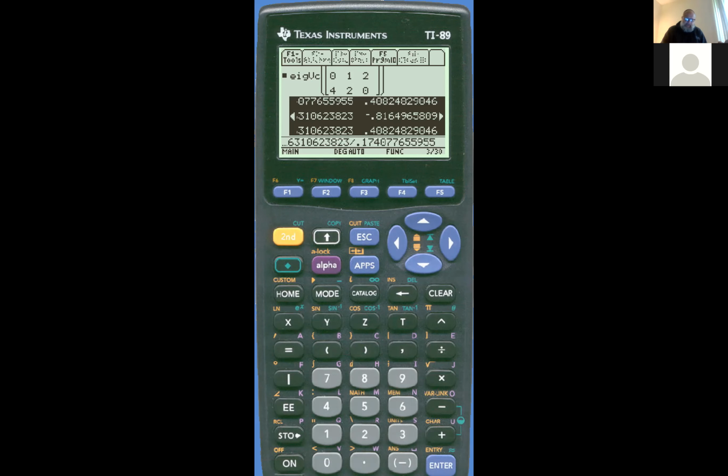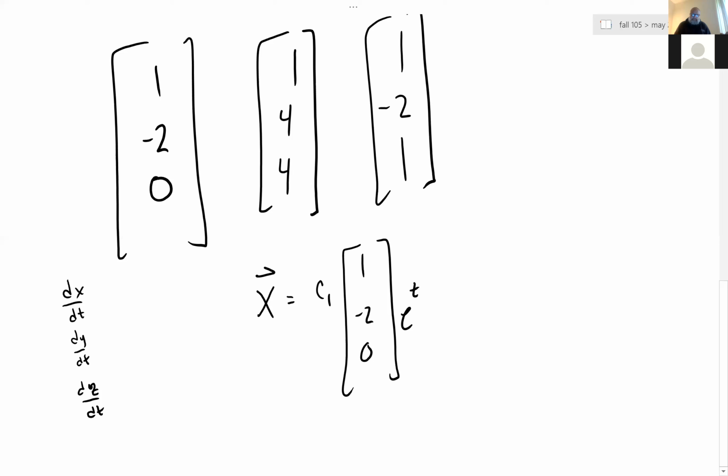And what you'd end up with is a big fat X, which would be X, Y, and Z, would be C1 times 1, -2, 0, e to the positive t. Oh, you can't see this, damn it. There you go.